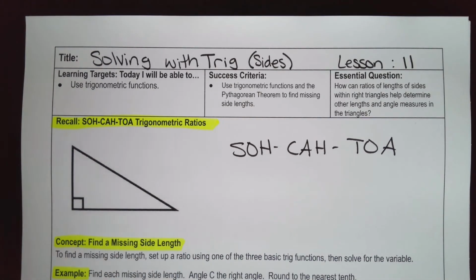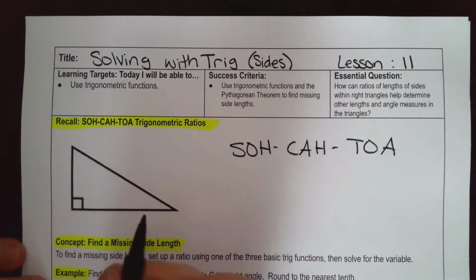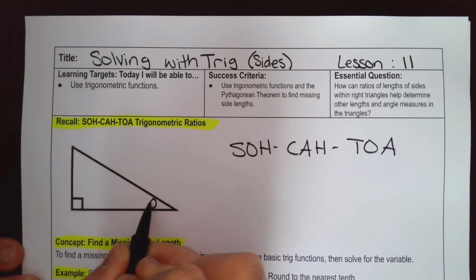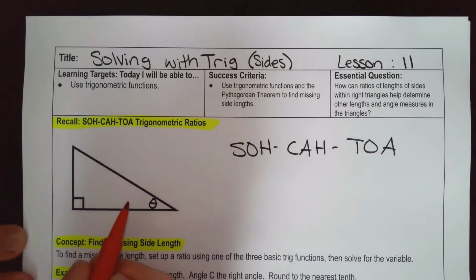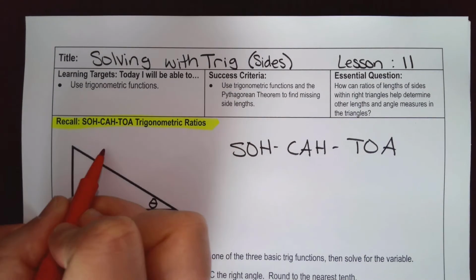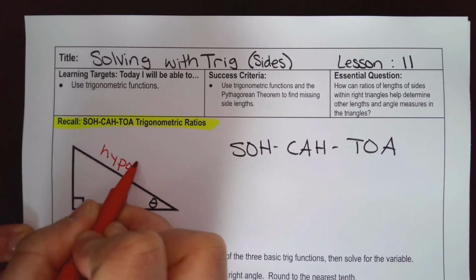First, you need to have a given angle in your right triangle. So let's say this bottom one down here is my given angle. We then label the sides of our right triangle. We know that the side opposite the right angle is our hypotenuse.